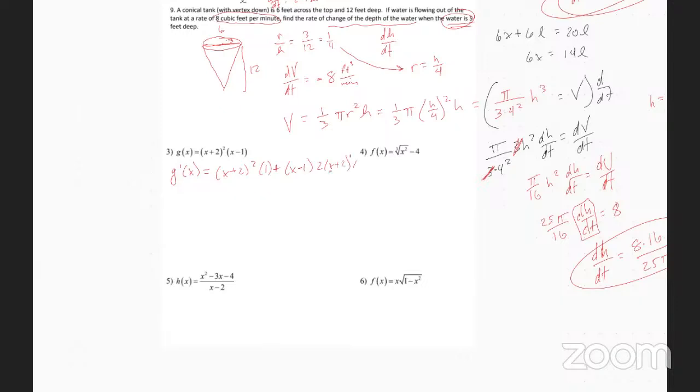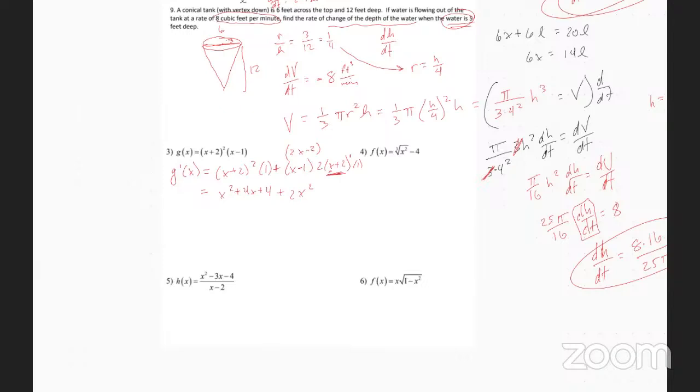So simplifying this gives me x squared plus 4x plus 4 plus 2x squared. I'm distributing this in 2x minus 2, and then I'm foiling it out with this one right here. 2x squared minus 2x plus 4x is plus 2x minus 4. Right?